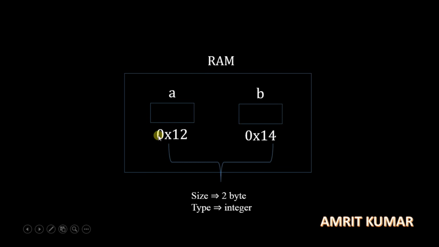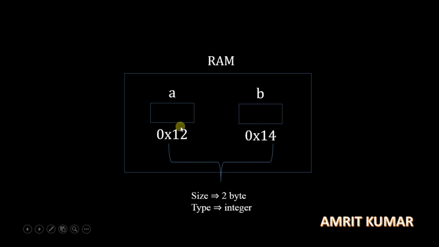A unique area is recognized by its address. So 0x12, a hexadecimal value, is the address of variable a, and 0x14 is the address of variable b.